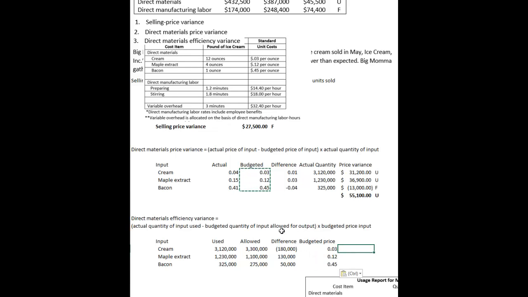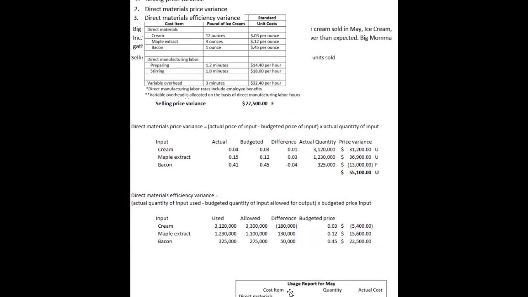And now you take the budgeted price times the difference. So the sum of all of this is going to be my direct materials efficiency variance. So this is the number. We have to determine whether that's favorable or unfavorable, and you can tell that by looking at the price that we should have paid times the difference.